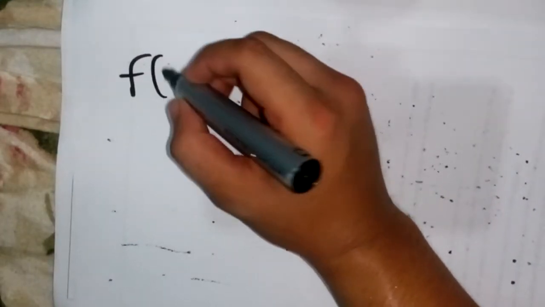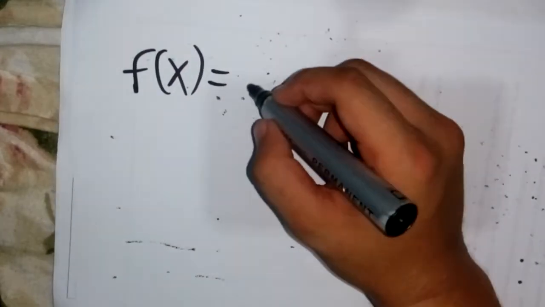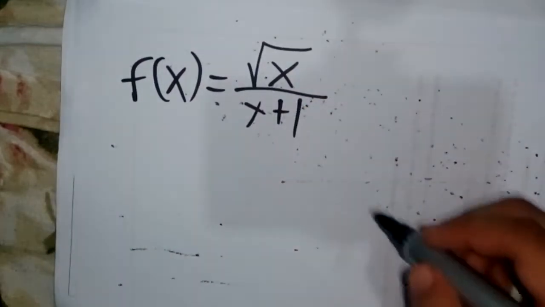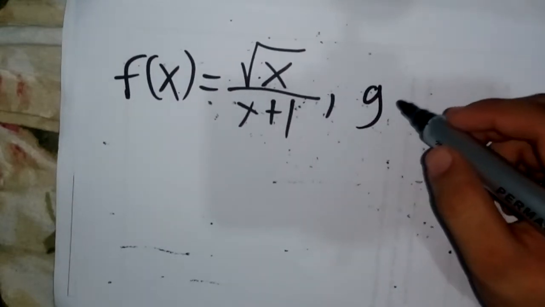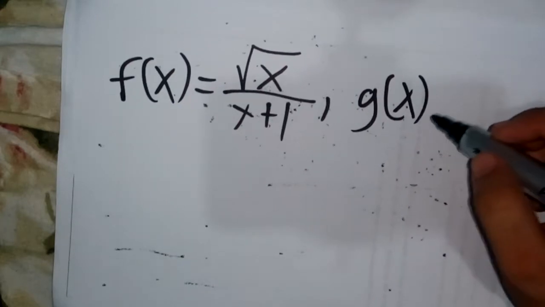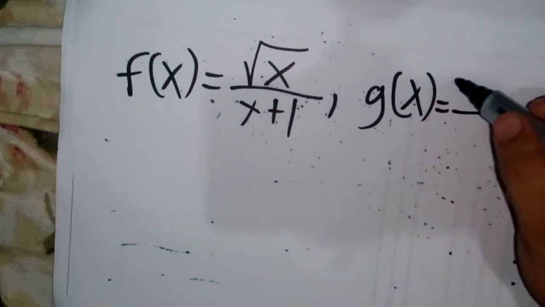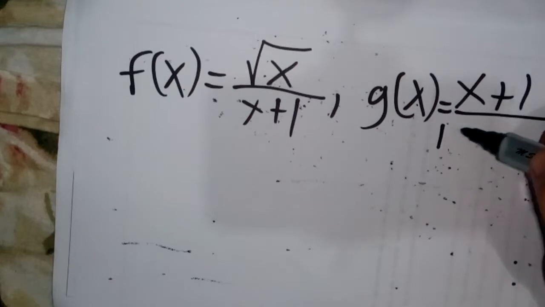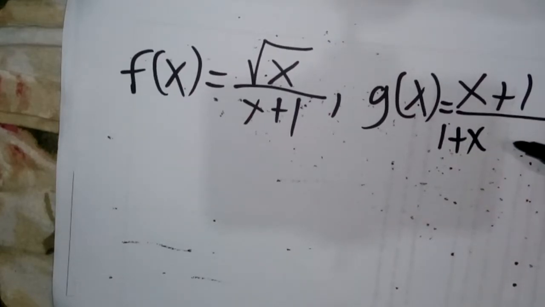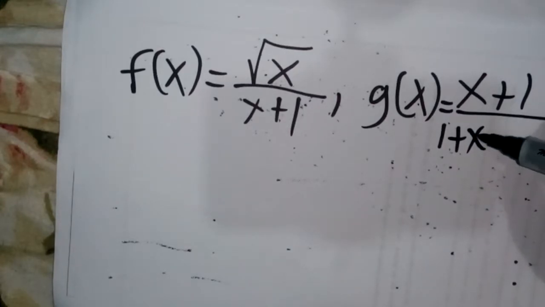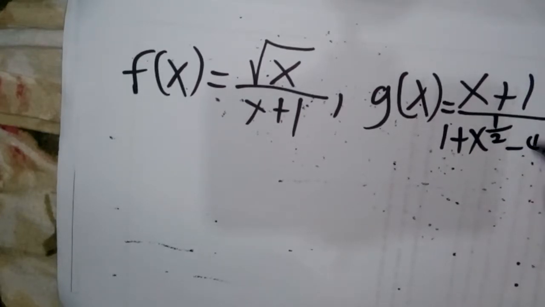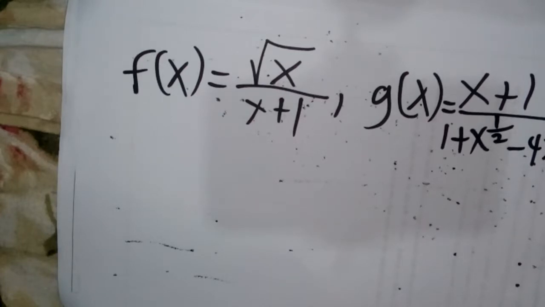For example, as I wrote down here, f of x equals square root of x over x plus 1, and g of x equals x plus 1 over 1 plus x over x to the power of 1/2 minus 4x to the power of 2.